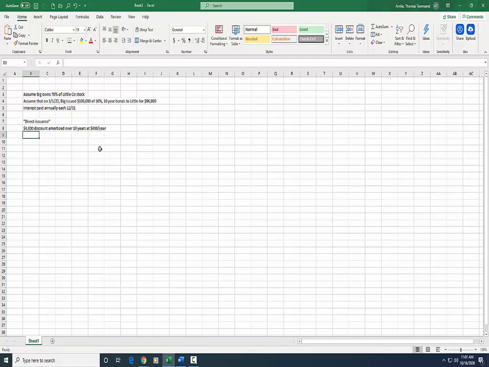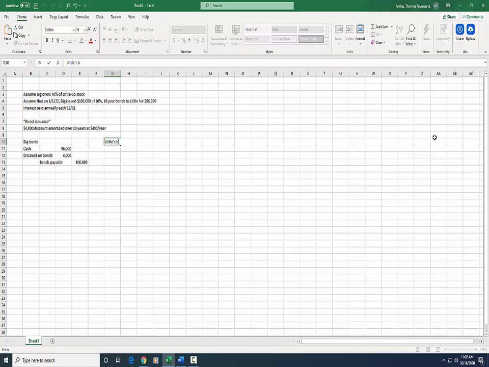Okay, now think about what happens on the books of Big and Little when they do this. On Big's books, they're the ones who are going to be issuing the bonds, so they're going to take in $96,000 in cash. They're going to have bonds payable at face value, and the difference is that discount on bonds in the amount of $4,000.